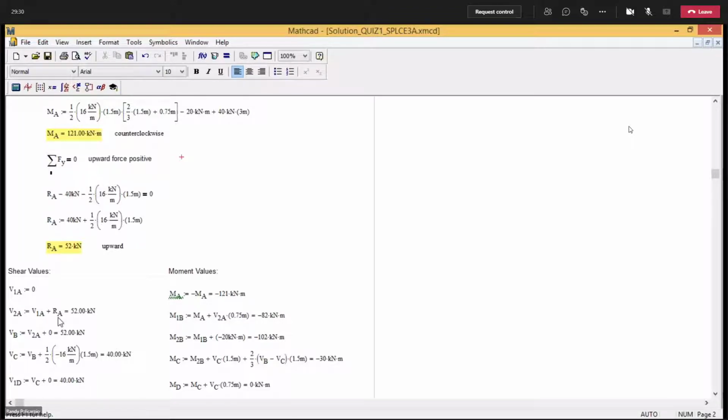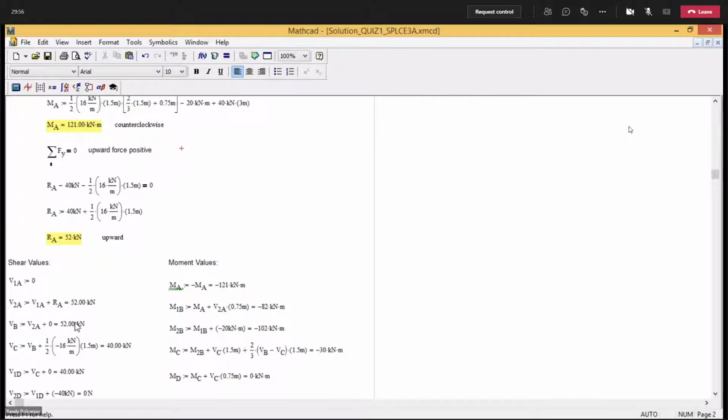So your RA is positive. Therefore, your shear at A will be 52. Here you will see that you start at 0, which is true, because when you draw a shear diagram, you always start at 0. Then you proceed to the next shear. You start at 0, then you have your 52. We will see that later in our diagram.